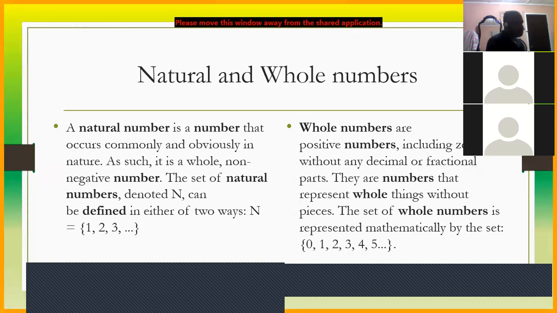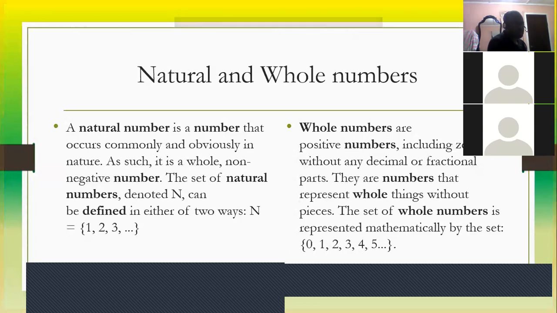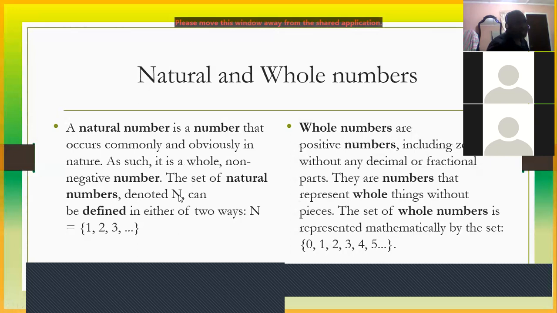Natural numbers are denoted by the letter N, and they say N equals this. Now, for the whole numbers, they didn't say it right here, but it is denoted by the letter W.